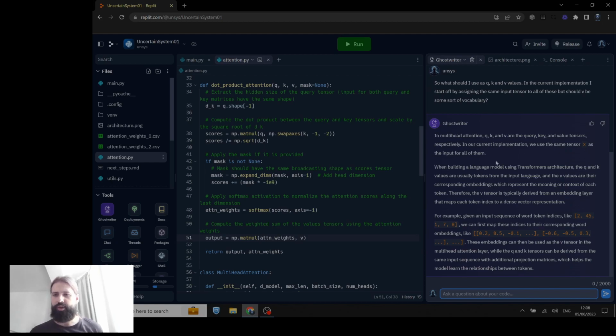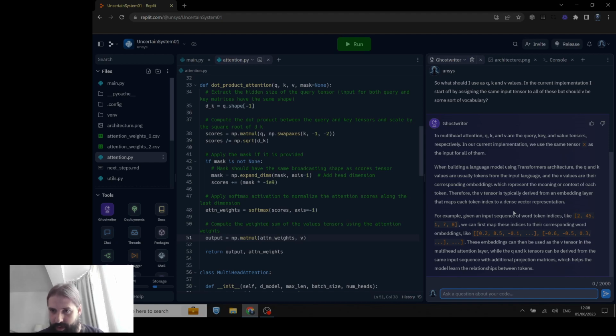So in multi-head attention, Q, K and V are the query, key and value tensors respectively. In our current condition, we use the same tensor as input for all of them. I'm building a language model with transformers architecture. The Q and K values are usually tokens from the input language. What? Oh.